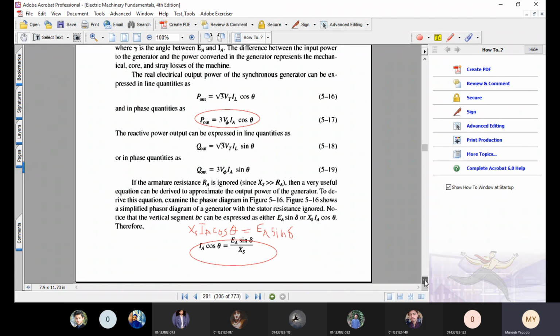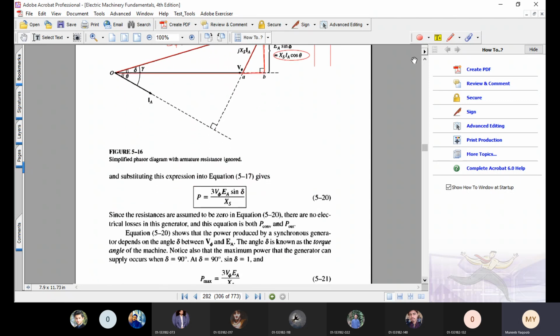Now coming to the next page, we all know that three-phase power using the 3-watt meter method can be written as power equals 3 into V phi into IA cos of theta. If we compute real power of the generator using the 3-watt meter method, it would be 3 V phi IA cos of theta.